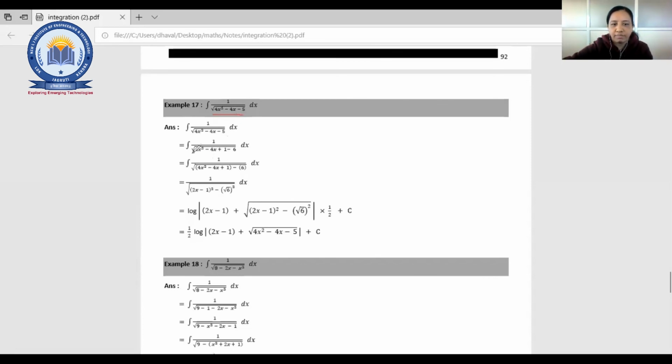That concept is applied here: last term equals middle term square upon 4 into first term. By seeing the example, if you have practiced, you can write down the minus 5 in such a way that I'll get this, right? So that is the thing.